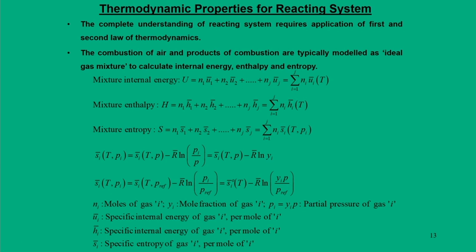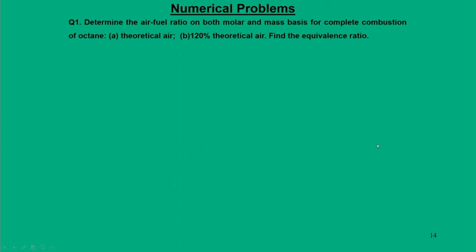As we did in the ideal mixture analysis, the reference pressure was taken as 1 atmosphere and the reference temperature was 25 degrees centigrade. So, the concept of absolute entropy is used to find the entropy of the ideal gas mixture.